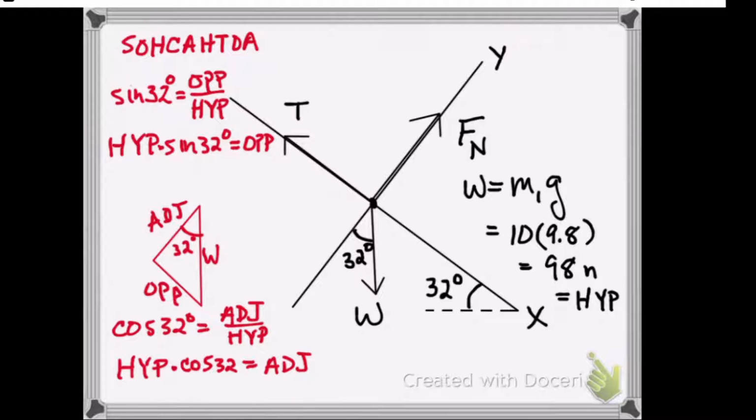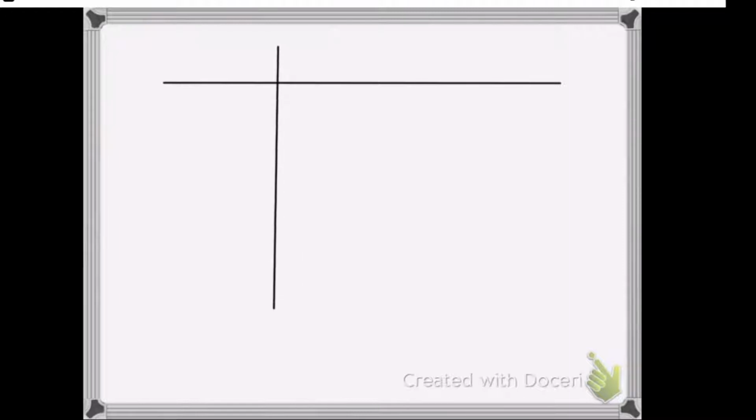So in our next slide, what we're going to do is we're going to make a chart showing the x and y components for these vectors. So let's go to our next slide. Okay, we're going to make 3 columns.